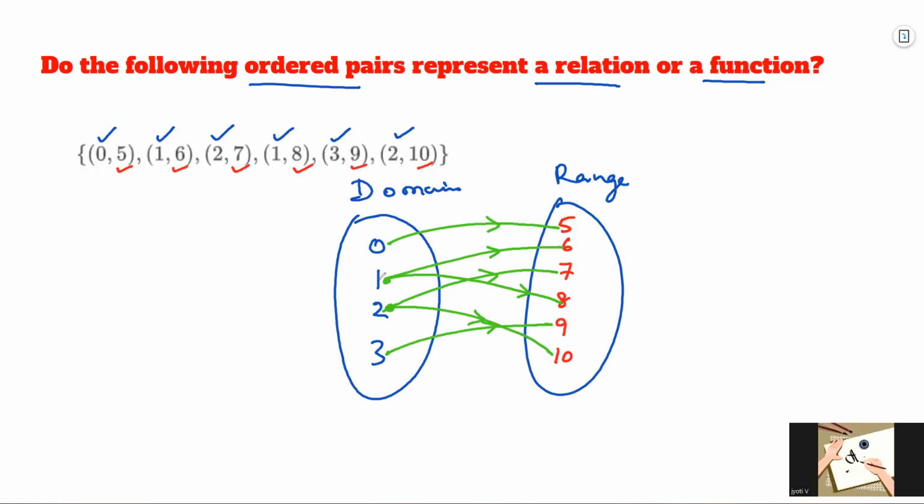So here you see there are two elements in the domain set, which are 1 and 2, which are mapped to two different elements in the range set. And whenever this happens, such a relation is not a function. It's just a relation.